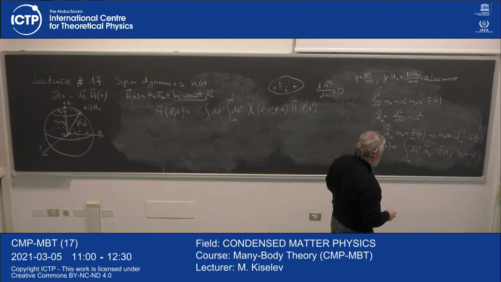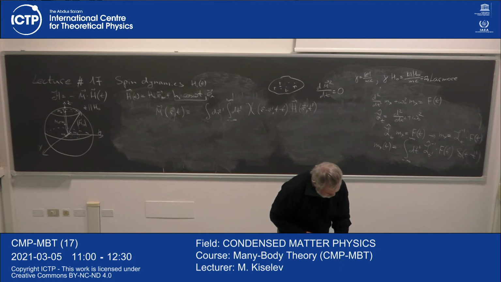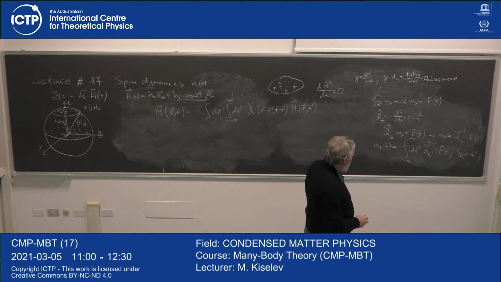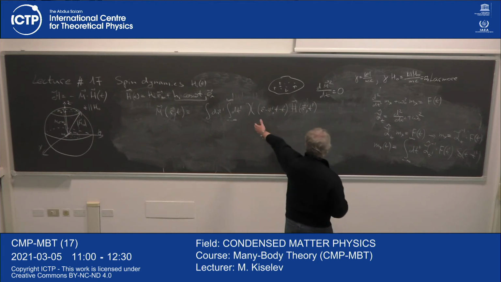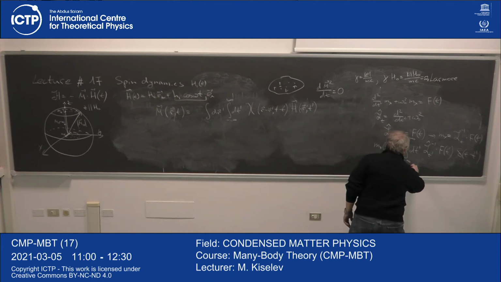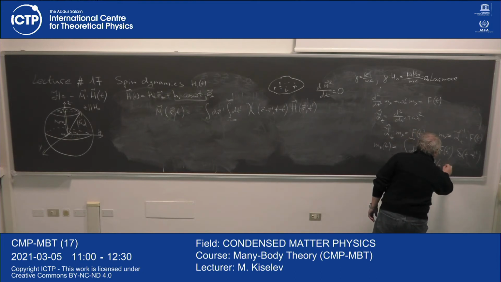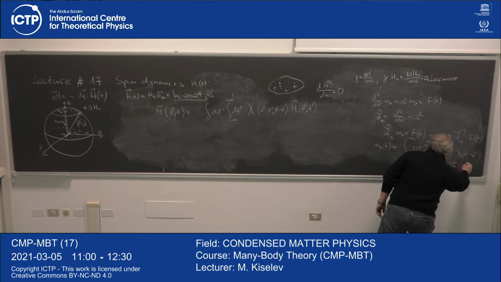If I take this integral, then I get this condition. On the other hand, following the same procedure as before, by definition I write it as the integral from minus infinity to infinity dt prime of some Green function g(t minus t prime) times f(t prime).